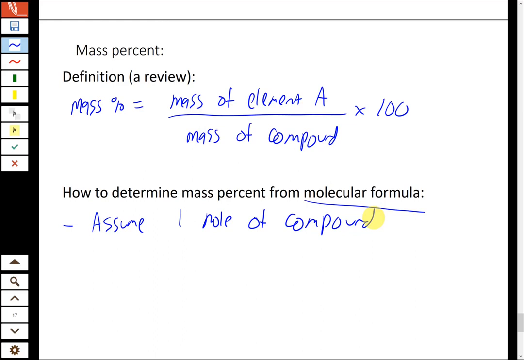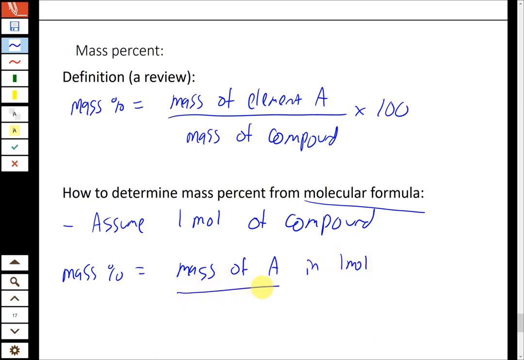So we can assume any amount of substance that we want. So if we make the convenient assumption that we have 1 mole of a compound, we can then calculate the mass percent in a very simple way, which is by taking the mass of the element A in 1 mole of that compound divided by the molar mass of the compound, which is the mass of the whole compound in 1 mole.